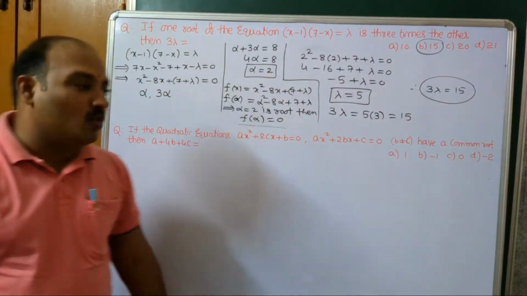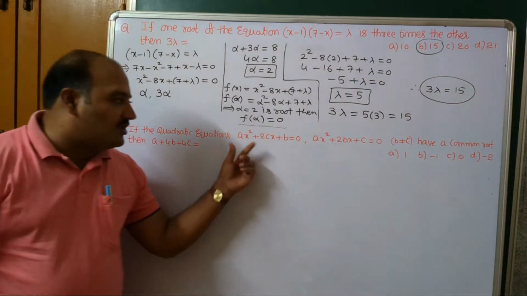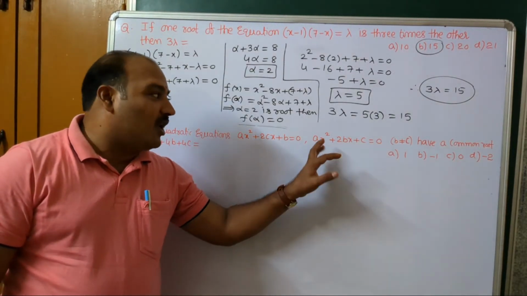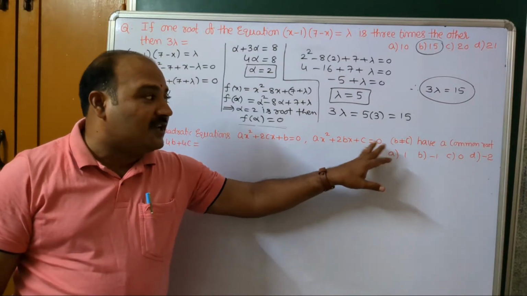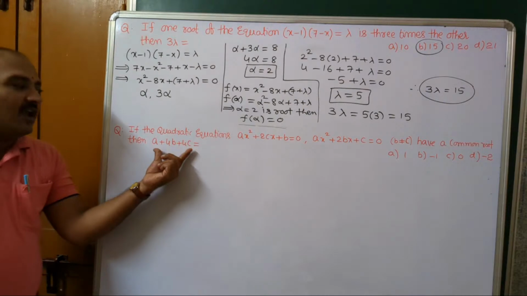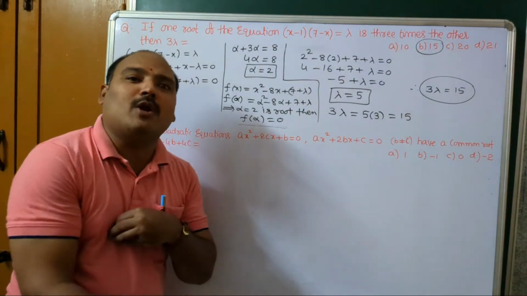Okay, dear students, we'll move on to another question. If the quadratic equation ax square plus 2cx plus b equal to 0 and ax square plus 2bx plus c equal to 0 have a common root, then find the value. Both the equations are having a common root.